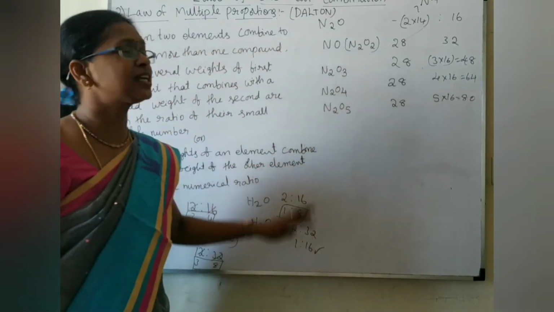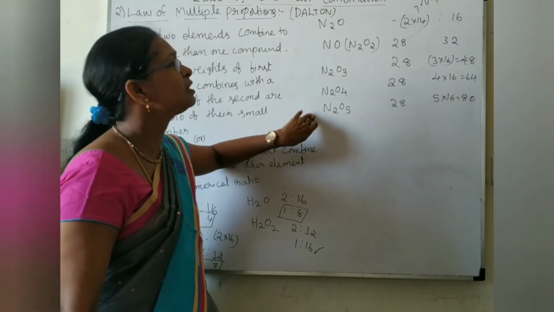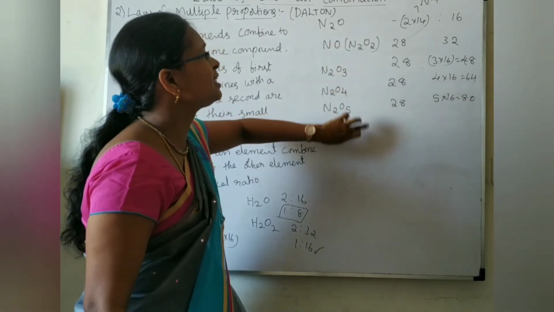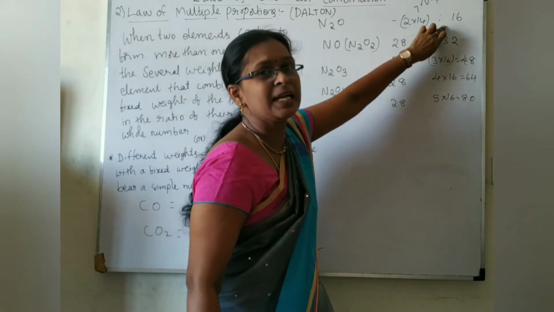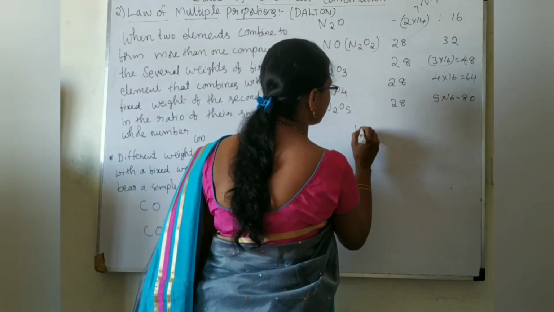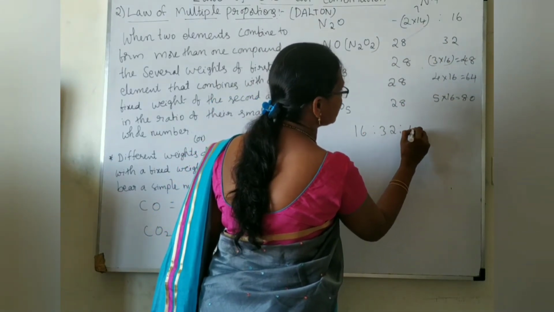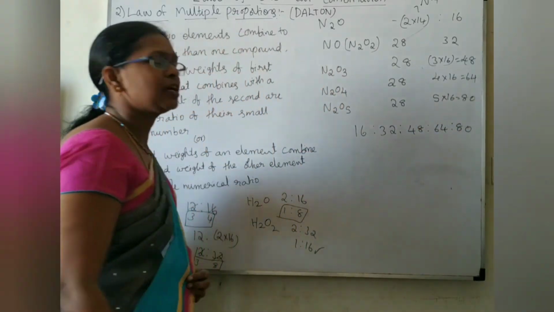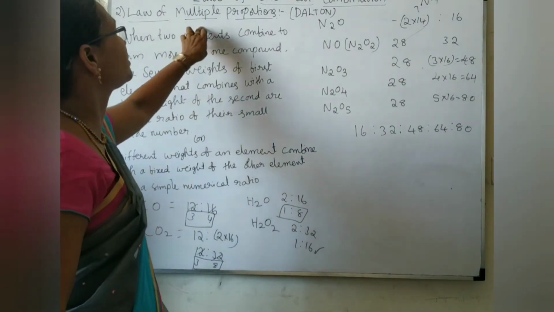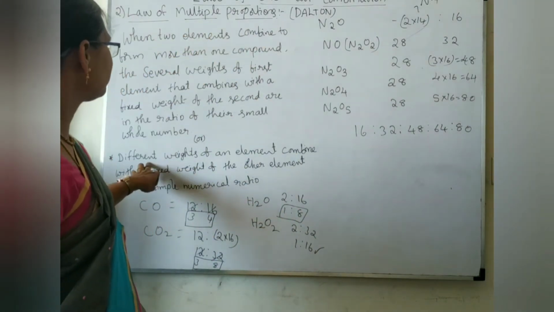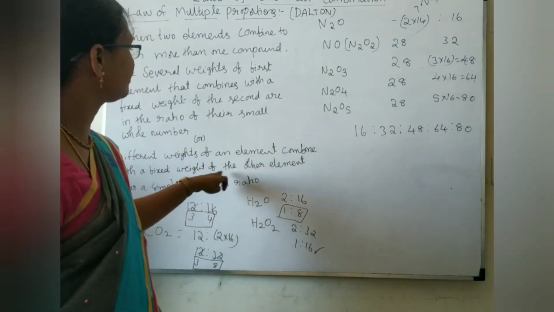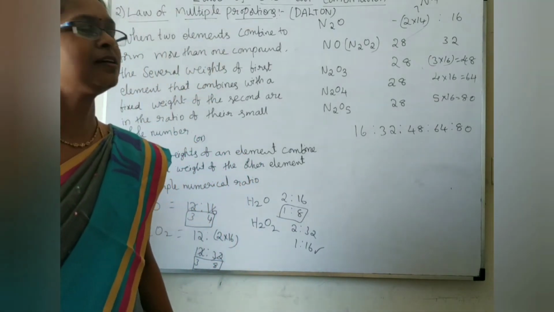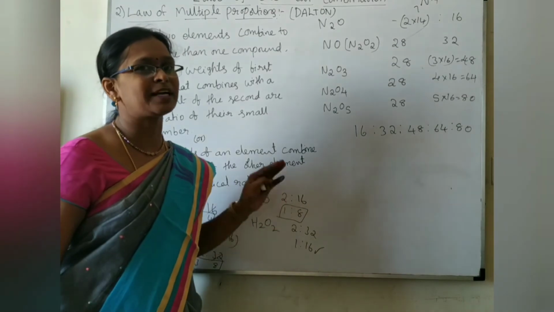So now when the nitrogen atomic mass is not changing here, because of the changing mass of oxygen we are getting the different compounds by simple numerical ratios. When you are considering the oxygen ratio, 16:32:64:80. Okay. So this is what we can say multiple proportions. That's why different weights of an element combined with a fixed weight of the other element bear a simple numerical ratio. Then we can say it is the law of multiple proportions.